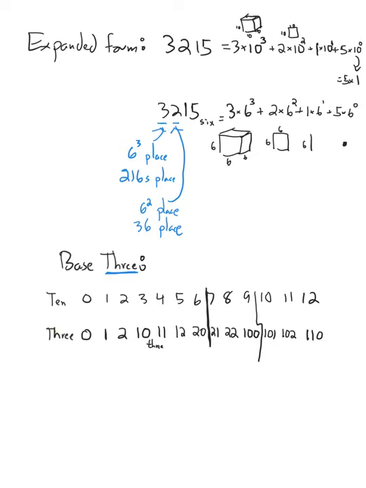And of course the digits in base 3 are from the set 0, 1, and 2. So notice we never write down any digit in base 3 that isn't one of these things, 0, 1, and 2. We'll never write down the digit 3.